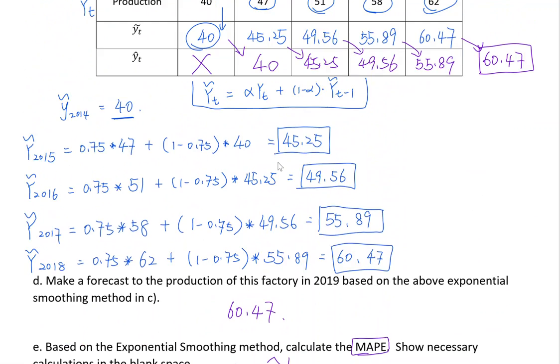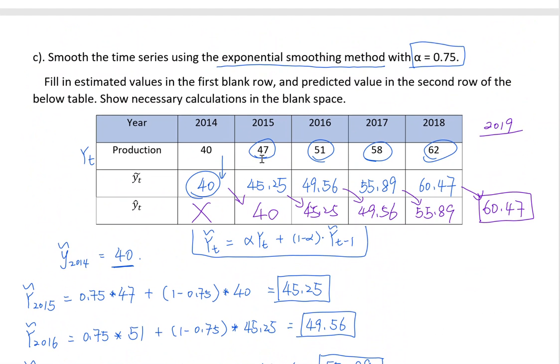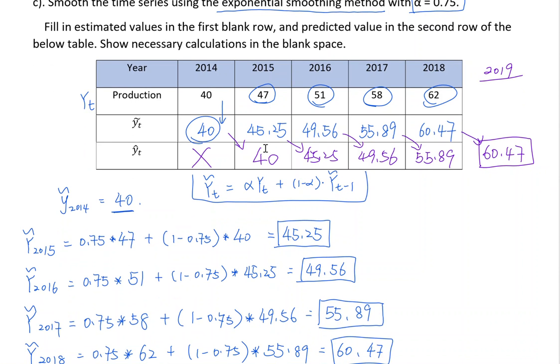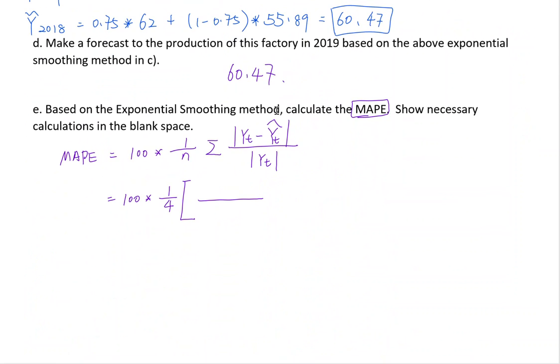So the first pair will be the absolute value of 47 minus 40, divided by the absolute value of 47.